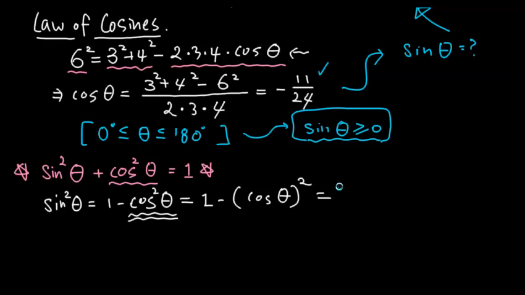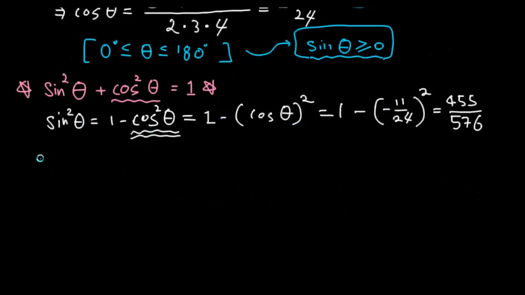It's 1 minus, we found that was negative 11 over 24, and this whole thing is squared. That square will change the negative to a positive number. So let's do this arithmetic. It turns out sine squared theta must be 455 divided by 576.